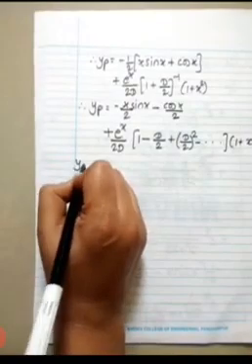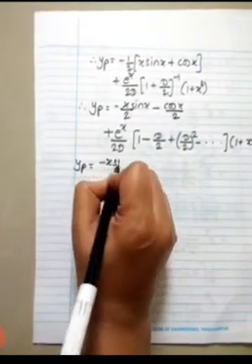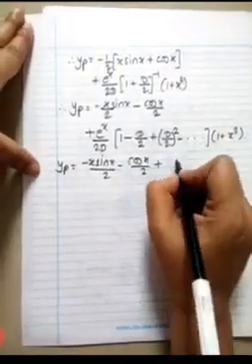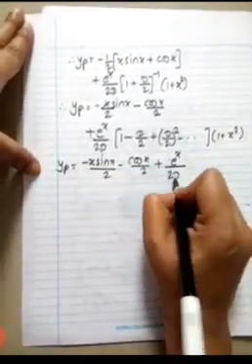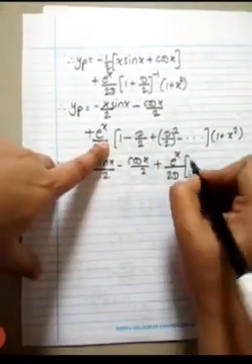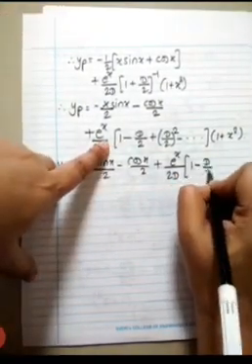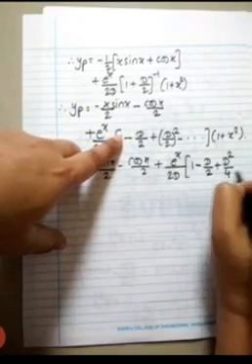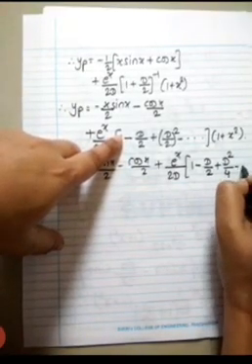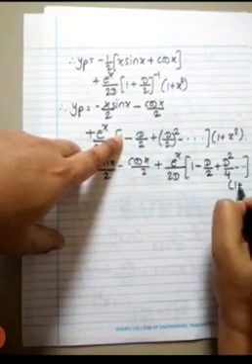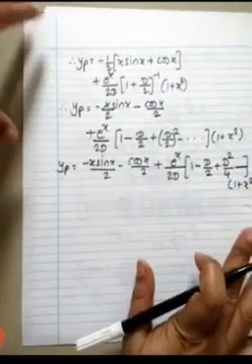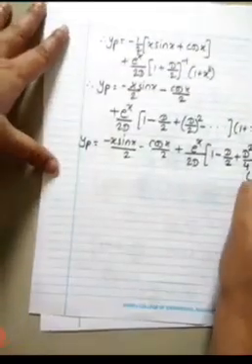That is yp is minus x sin x by 2 minus cos x by 2 plus e raised to x by 2d into 1 minus d by 2 plus d square by 4 and so on into 1 plus x square, and that so on will get finished here. These many terms only will survive, right?